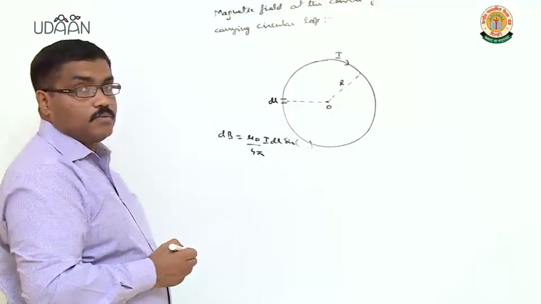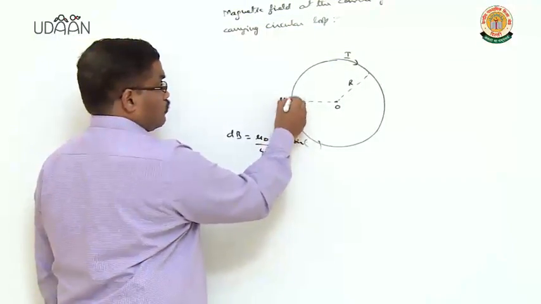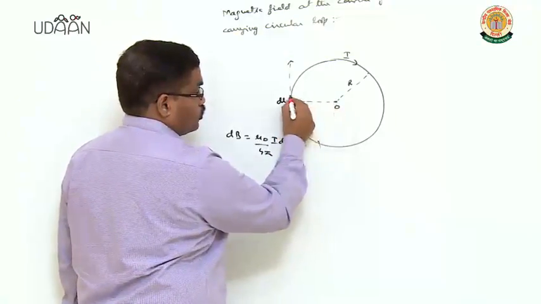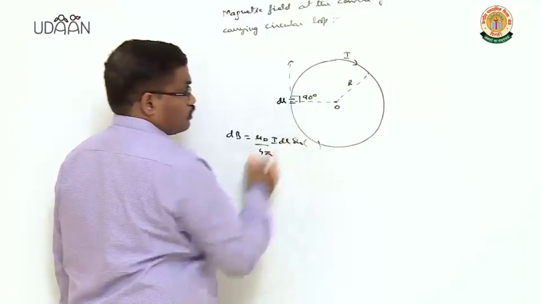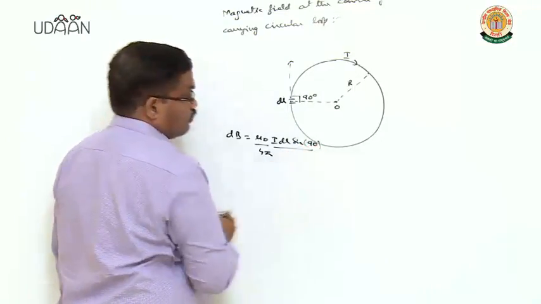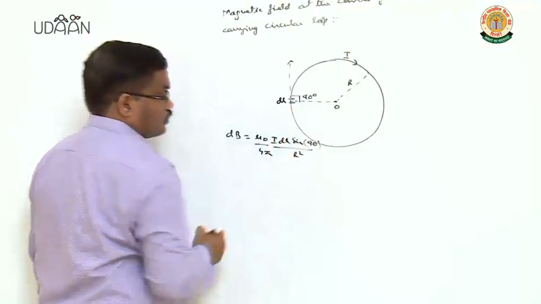Remember, theta was the angle between the current element and your position vector. Now this is the direction in which your current element acts. Now this is the direction of your position vector. So this angle will be 90 degrees. So this can be written as sine 90 divided by square of the distance, that is r square.